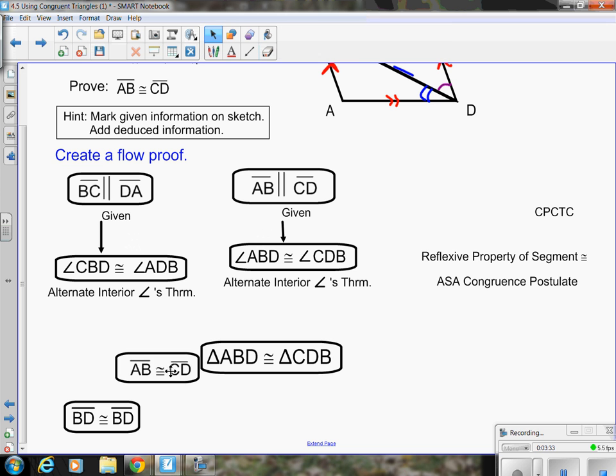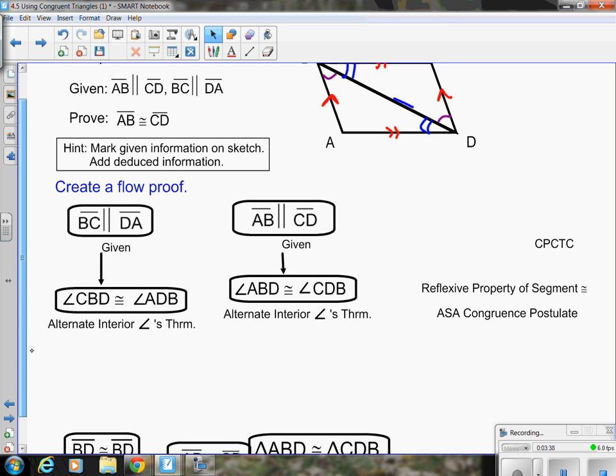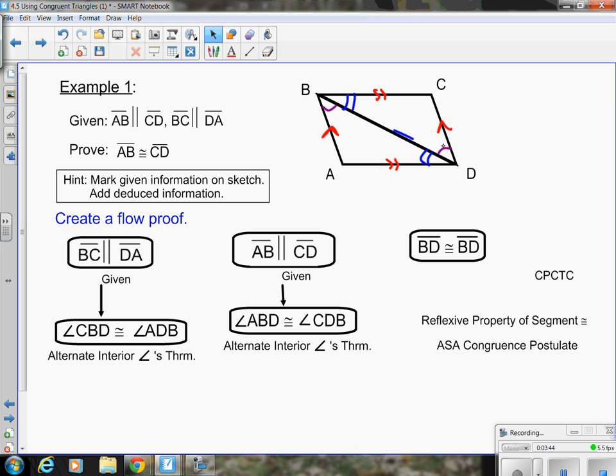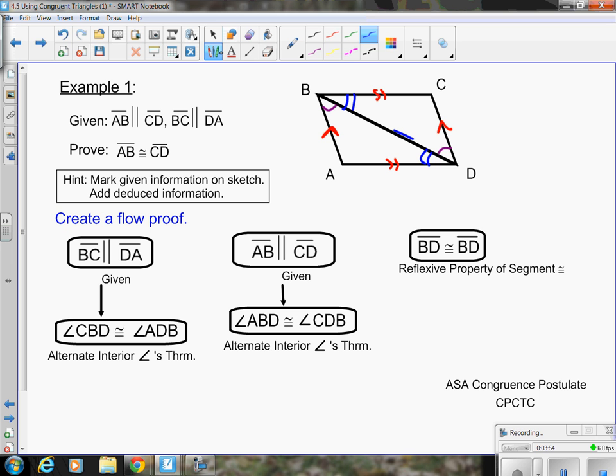I've got one more thing. Let's say I don't want the AB yet. I need to show that BD is congruent to BD. Why is BD congruent to BD? Seems kind of obvious, but it is the reflexive property. So I can write on here, I have an angle, and one side.